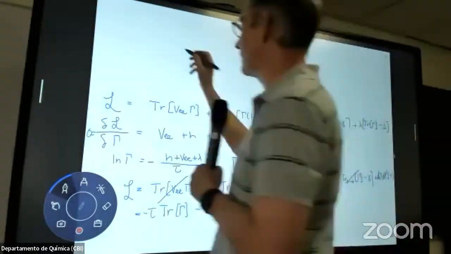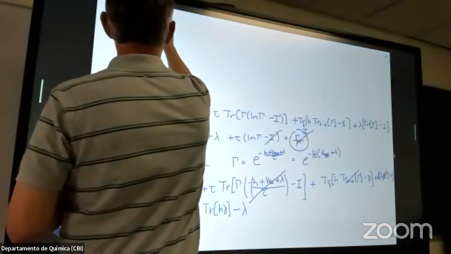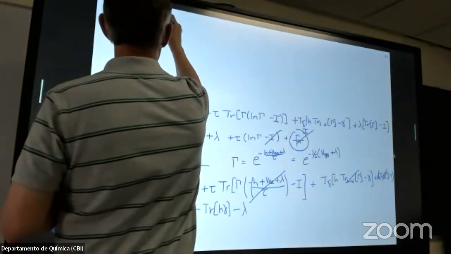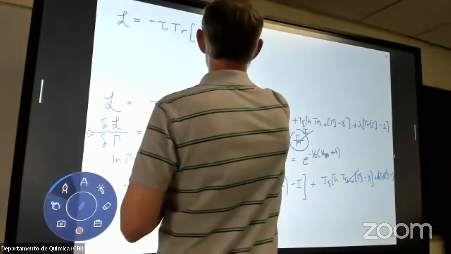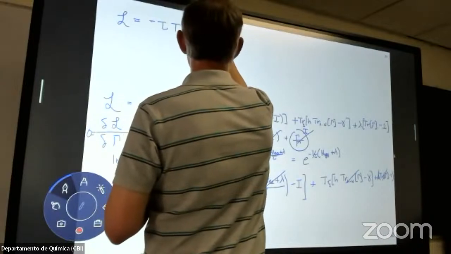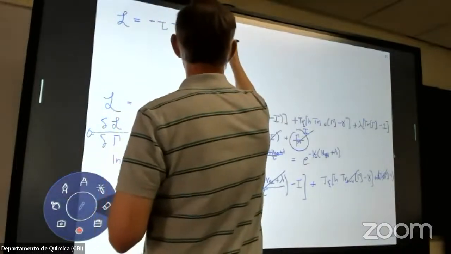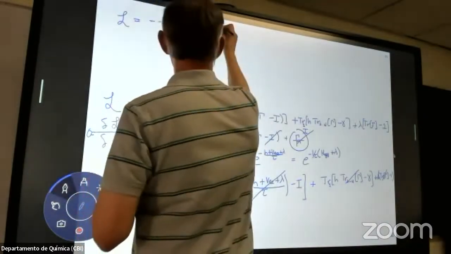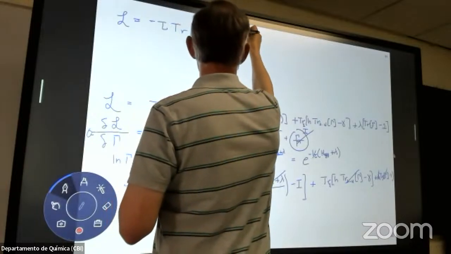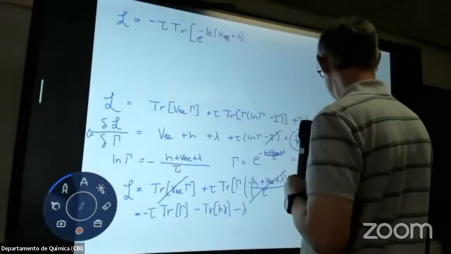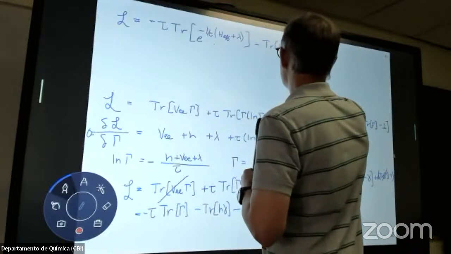So now my Lagrangian is equal to minus tau trace e to the -1 over tau times h effective plus lambda, minus trace of h gamma.